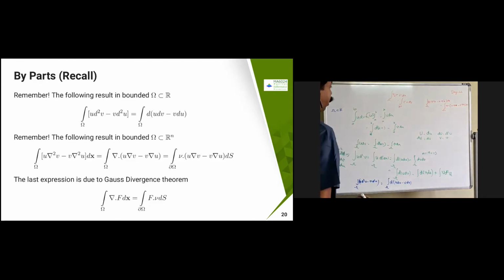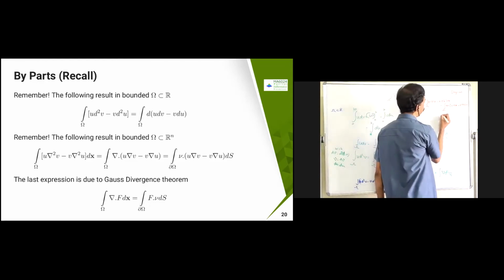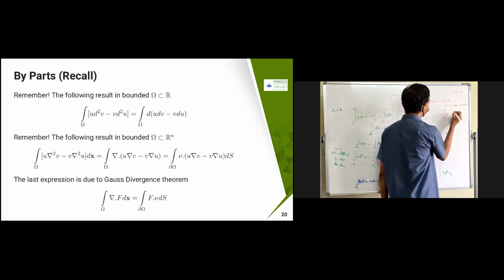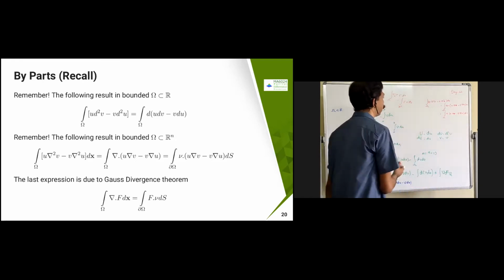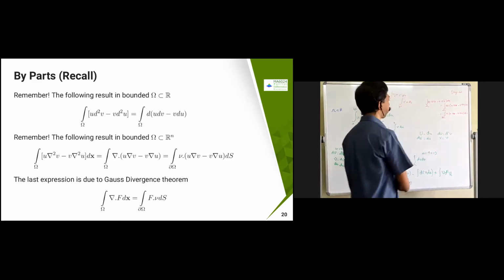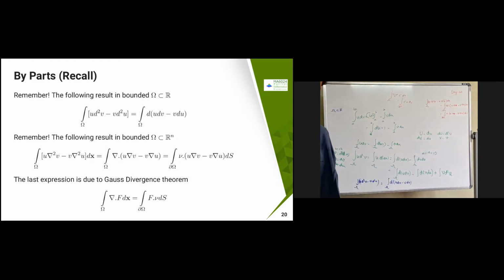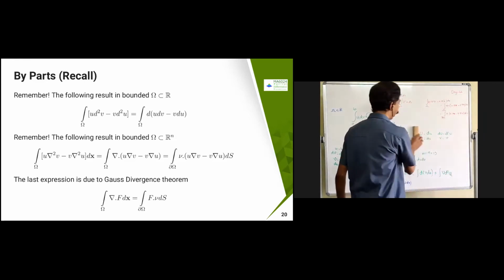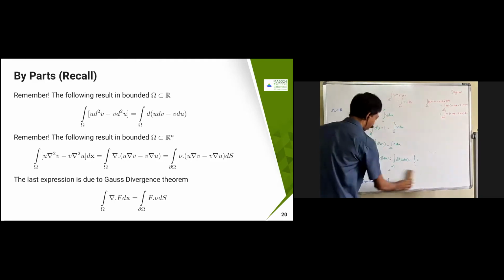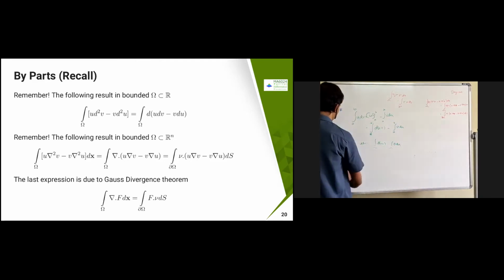In the same way, I can write this as the integral over the boundary of omega of n dot (u grad v minus v grad u) ds. One dimension is less, so it is the boundary of omega. This is the identity which we require, and we are going to use it again and again.